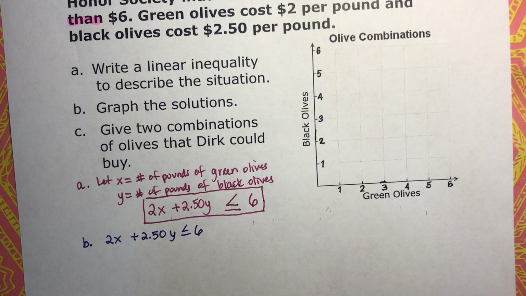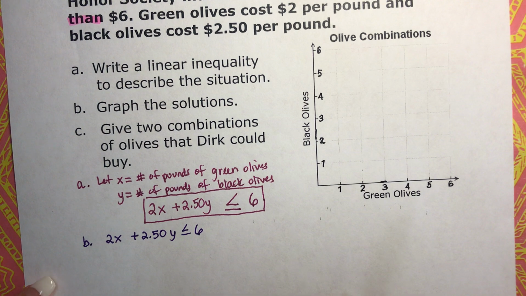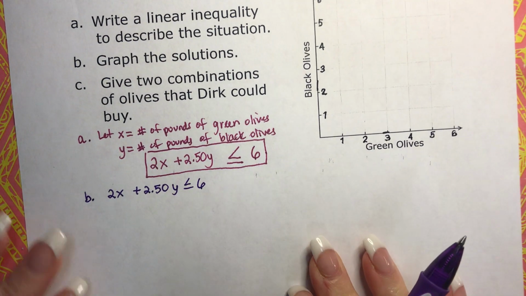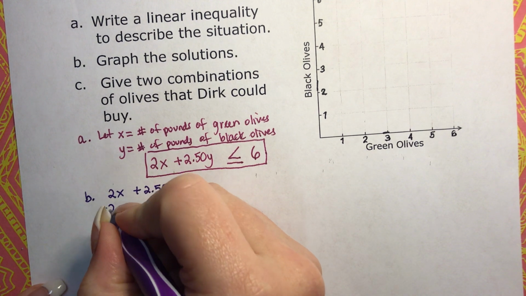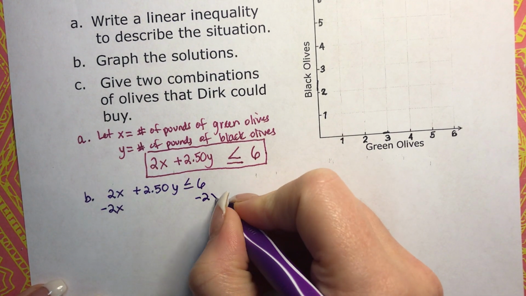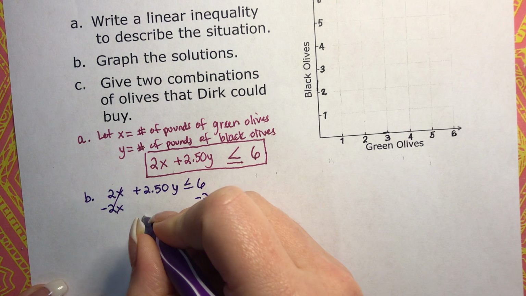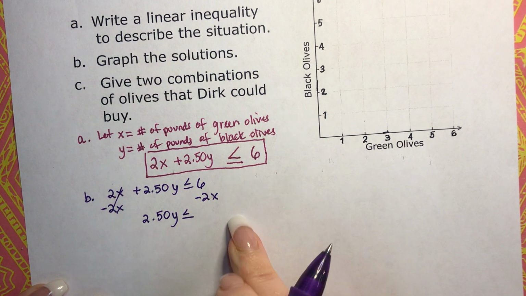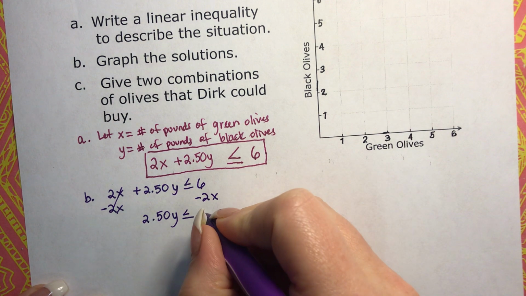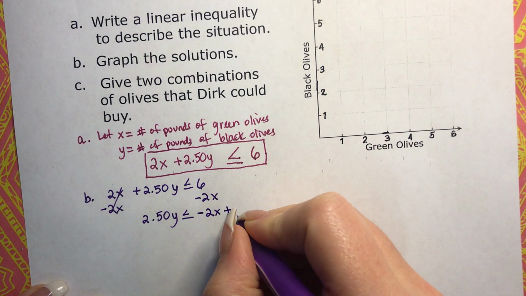Okay, so we need to get Y by itself. So I'm going to subtract 2x from both sides. That's going to cancel. I'm going to be left with this. And I want to put it into slope-intercept form, so I'm going to put that x portion first.